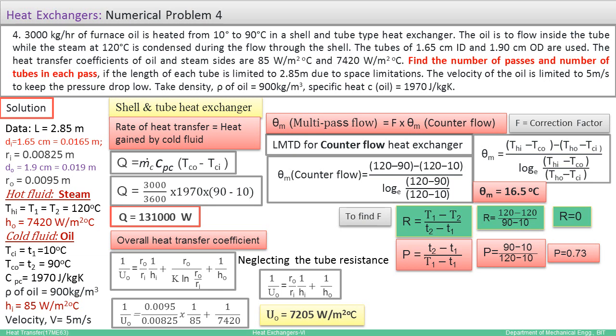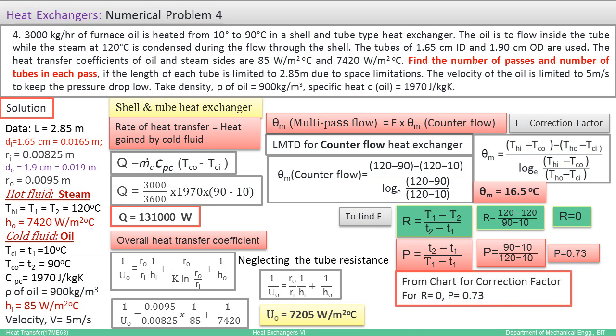When it comes to evaporator, this P will be equal to 0 because the numerator, small t2 minus small t1, will be 0 because t1 is equal to t2. And in each case of condenser or evaporator, either P is 0 or R is 0, for which case we can say this correction factor from the charts is directly available as 1.0.